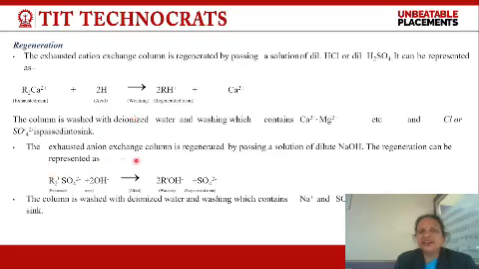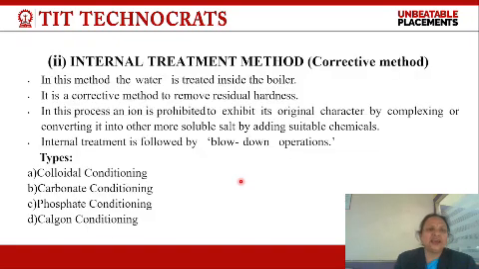The exhausted anion exchange column is regenerated by passing a solution of dilute NaOH. The regeneration can be represented as this, you can see how sulfate ion is exchanged for the OH ion, and after that we get the regenerated anion and cation beds.